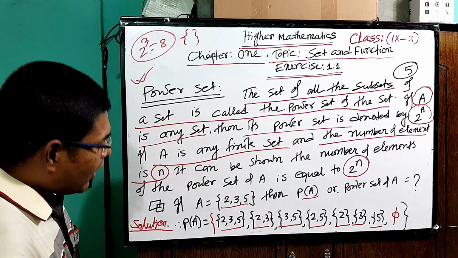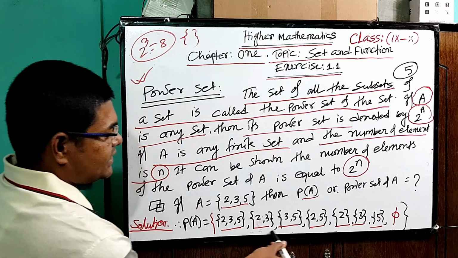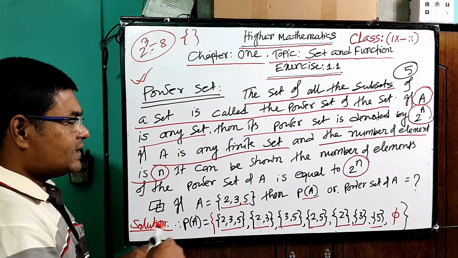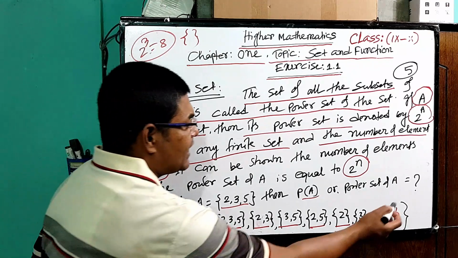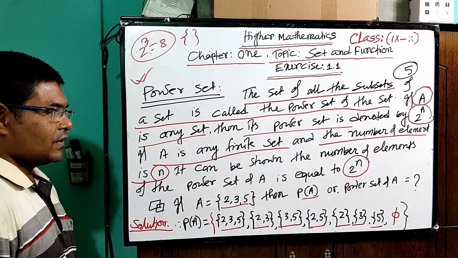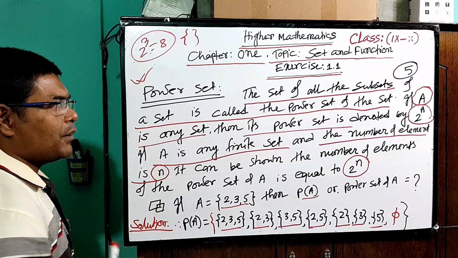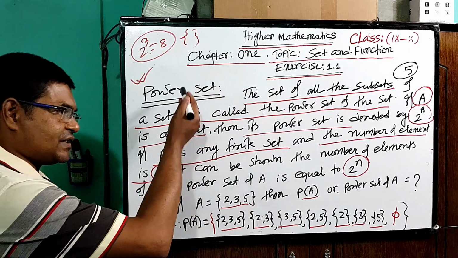All are subsets. The extra part is only the starting second bracket and the last second bracket. I think you have got the power set. Okay, let's come to the next part.